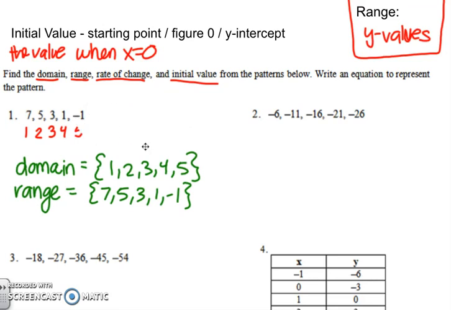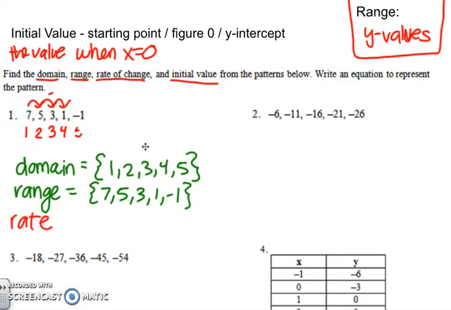Next thing you have to do is find the rate of change. To find the rate of change, you need to see what these y values are either going up or down by. Okay? So how are they going 7, 5, 3, 1, -1? I can tell they're going down, and so that's why it is a negative number.